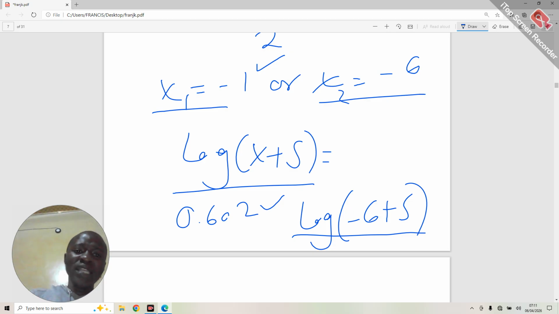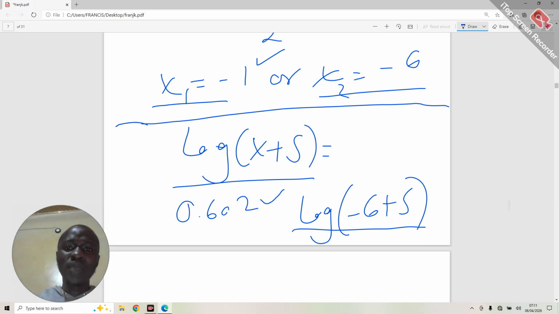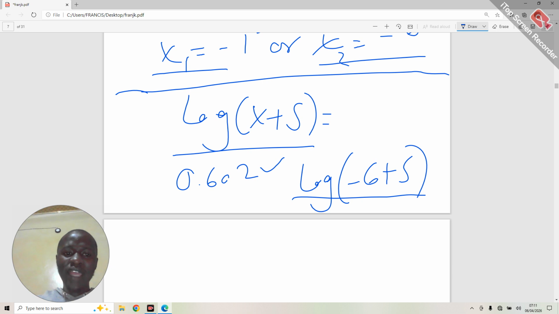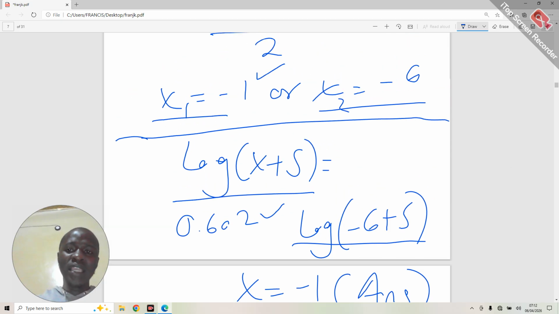A student who just reaches here, if the question was of 3 marks, will get 2 marks because there is no answer. Of the two, x1 and x2, there is one that should be right. After that confirmation, you realize that the accurate answer should be x is -1, and that is the only answer. You should leave alone the other one because it's bringing a math error.